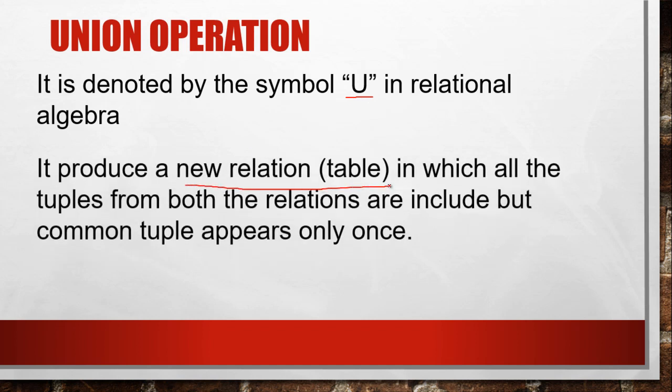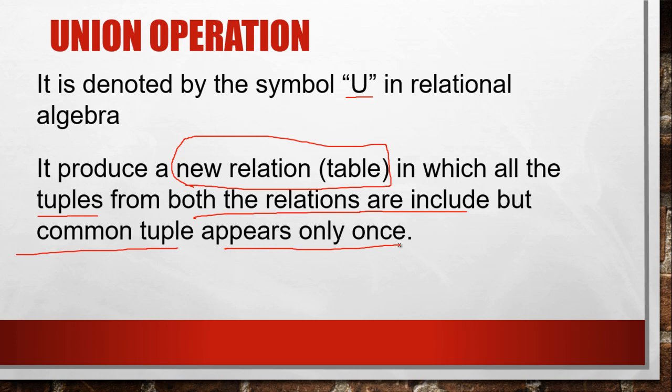New relation means it produces a new table in which all the tuples, meaning rows, from both the relations are included, but a common tuple appears only once. How many times does it appear? Only once.